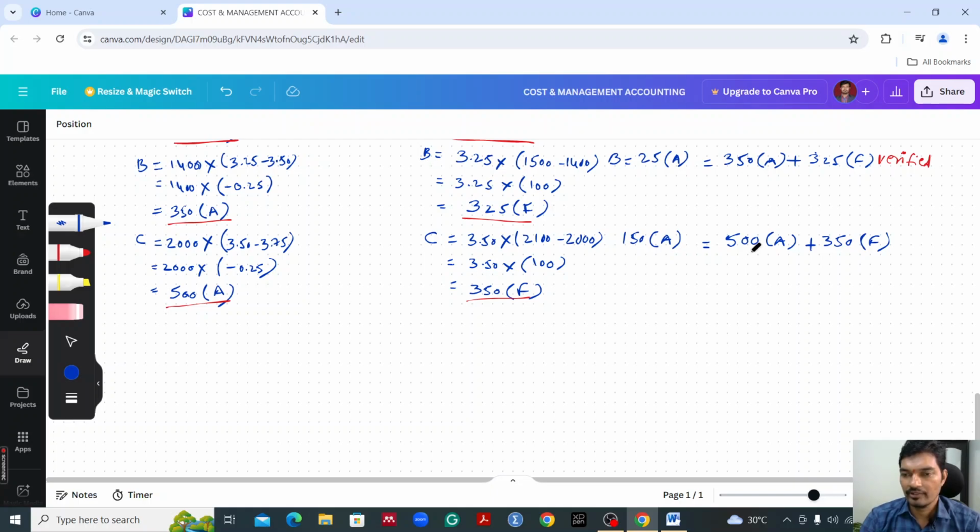So here we got MPV as negative 500 and MUV as positive 350, 500 minus 350 is 150. Why is it adverse? Because MPV is negative. So hence it is also verified.